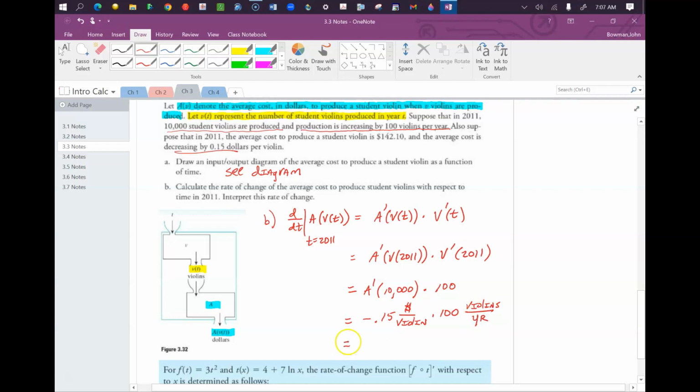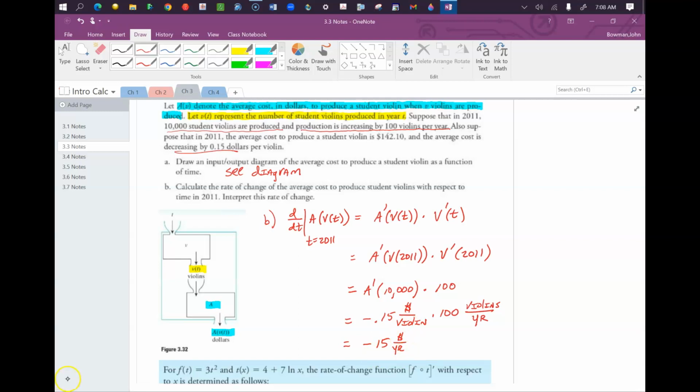So in the end, we have a derivative that is equal to negative $15 per year for the derivative of A of V of t. Calculate the rate of change of the average cost to produce student violins with respect to time. So average cost is decreasing at a rate of $15 per year in this case.